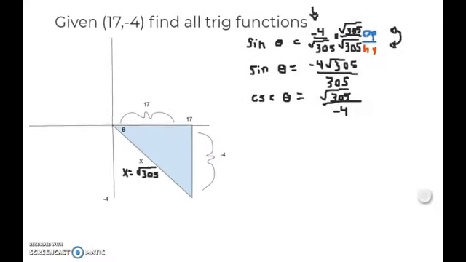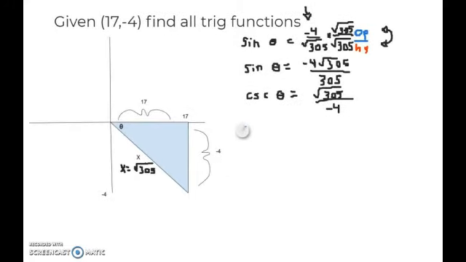Alright, so the next function that we're going to be working on is cosine of theta. Cosine of theta equals adjacent over the hypotenuse. So it would be 17 over square root of 305. That's not the correct way to write it because you can't have the square root in the denominator.